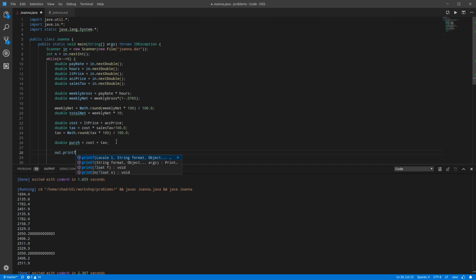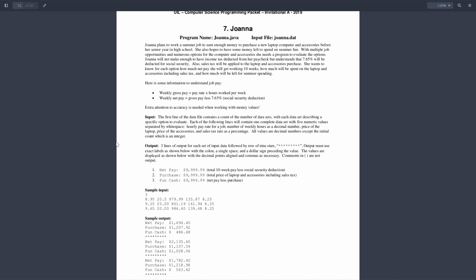So out.printf, we want this to say net pay. Let's see, it looks like the dollar sign's aligned and shown below with the decimal points aligned and commas as necessary.